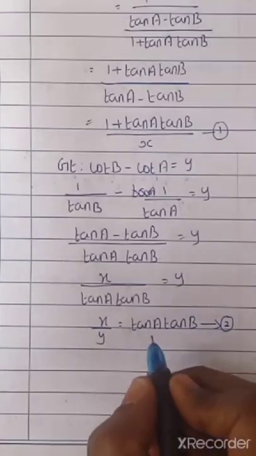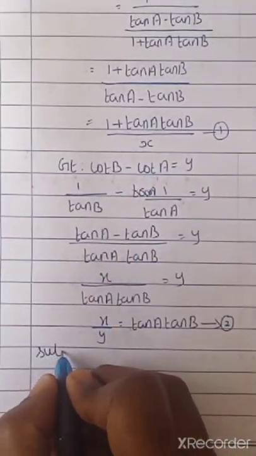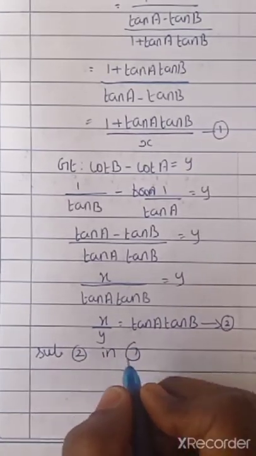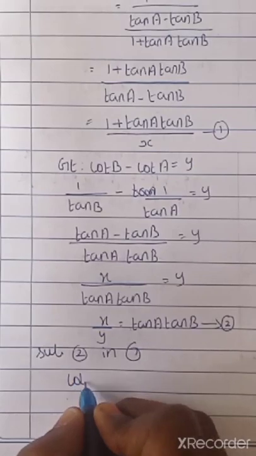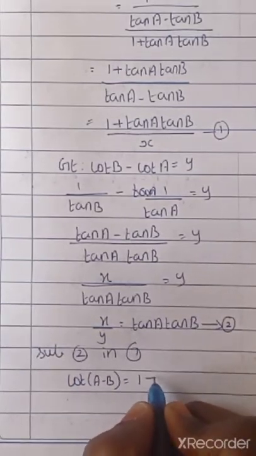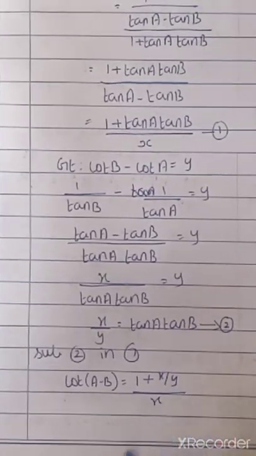Now instead of tan A tan B, what we can use? x by y. So substitute equation 2 in 1. What will you get? Cot A minus B equal to 1 plus x by y divided by x.